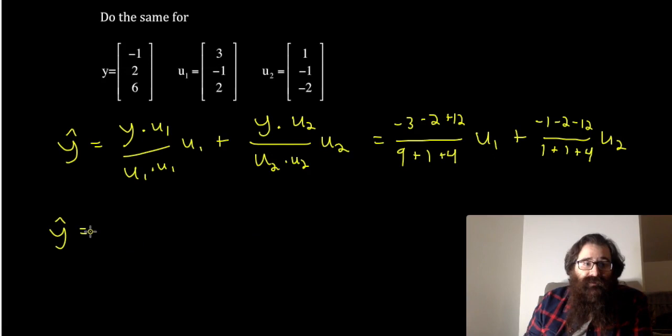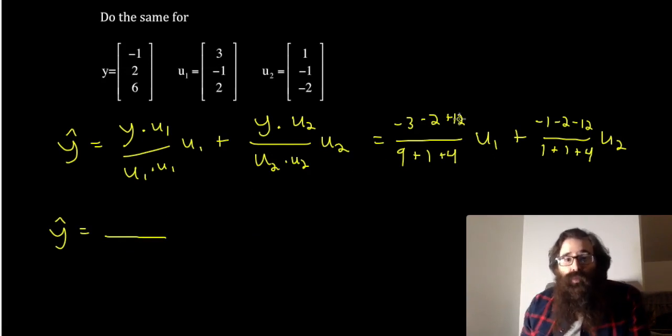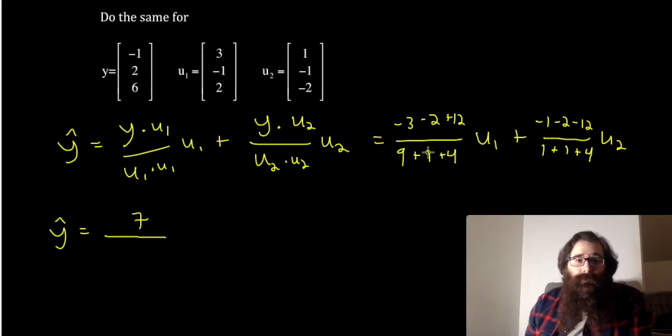So y hat is equal to, let's see here, 12 minus 2 gives me 10, minus 3 gives me 7, over 9 plus 1 is 10, plus 4 is 14, times u sub 1, plus, then here I have negative 12 minus 2 is negative 14, minus 1 is negative 15, over 4 plus 1 gives me 6, times u sub 2.